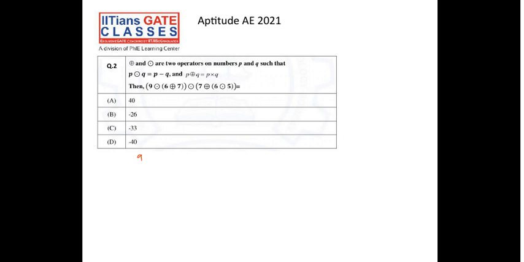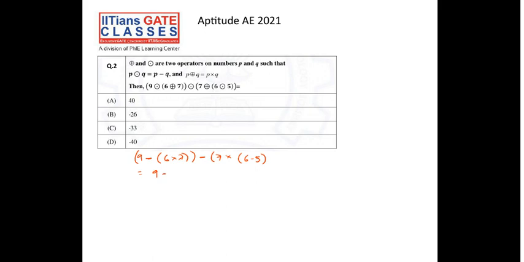We have 9, rounded dot means minus, put the brackets properly, so 6 into 7, rounded dot means minus, 7 into 6 minus 5.